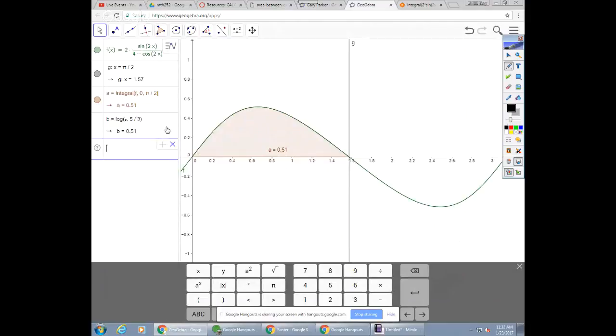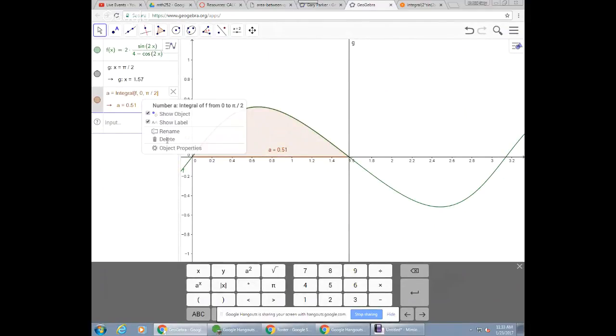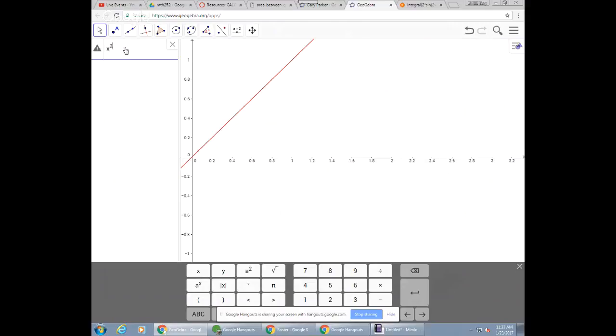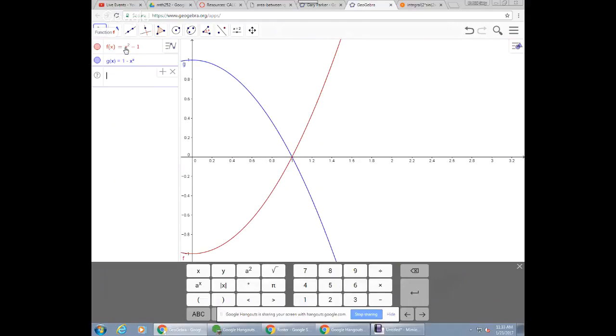All right, GeoGebra. I don't think we need this guy anymore. Delete, delete, delete, delete. So we want to see, let's see, x squared minus 1. 1 minus x squared.